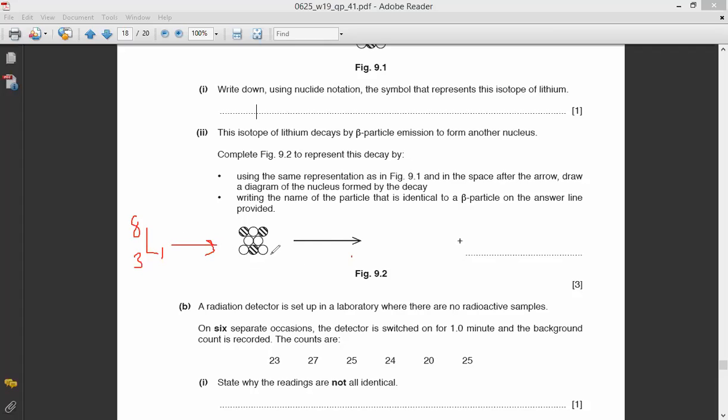They said, using the diagram representation and in the space after the arrow, draw a diagram of the nucleus formed by the decay. Write the name of the particle on the answer line.